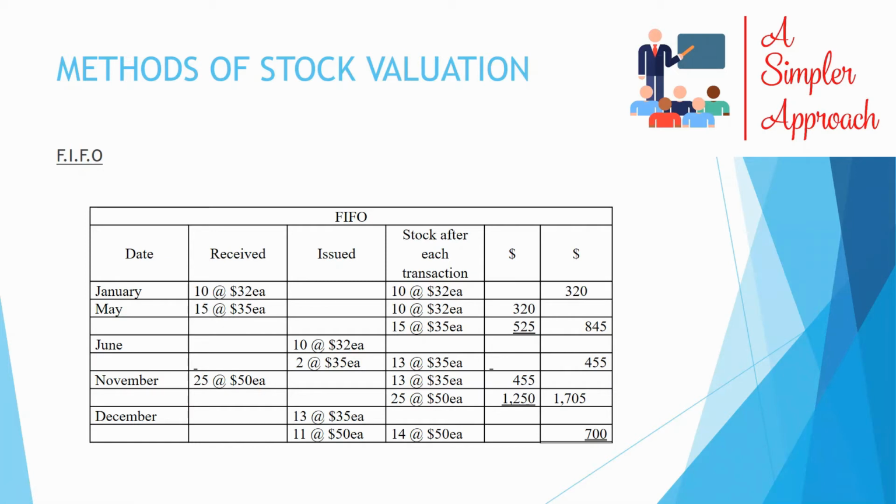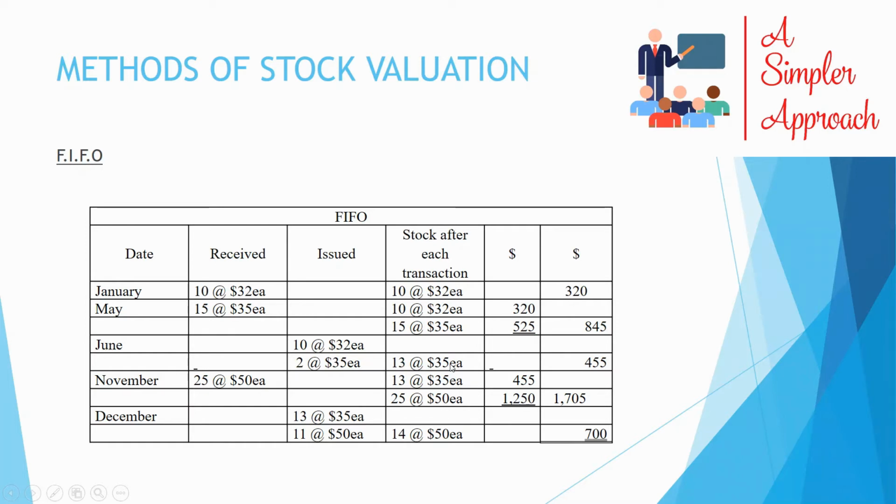How are the 2 going to go? Oh, for my international students, how will I take care of the other 2? It will be this 15 at 35 that it will be taken from. So it's 2 at 35, which leaves what? When you take 2 from this 15, what is left? 13. See there?